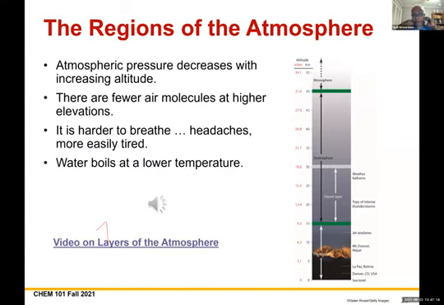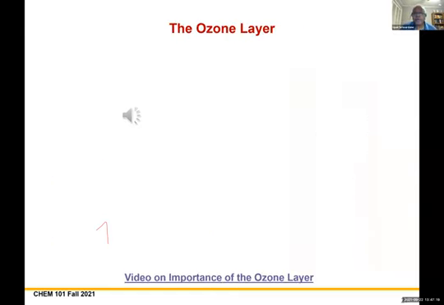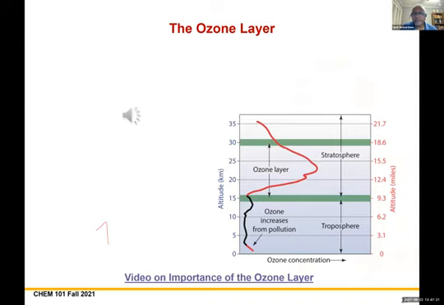Now we're going to look at the ozone layer. The ozone layer is located in the stratosphere. It's shown up here, between the troposphere and stratosphere.